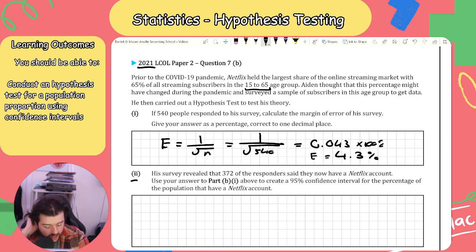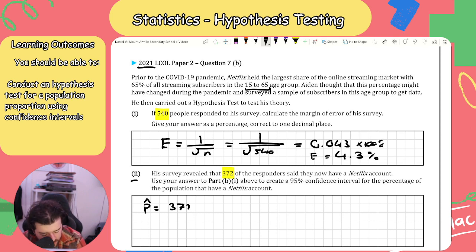So, part 2. His survey revealed that 372 of the respondents said they now have a Netflix account. Use your answer to part B1 to create a 95% confidence interval. So, I need to get my sample proportion. What proportion of my sample said they have a Netflix account? Well, 372 out of 540 have a Netflix account now.